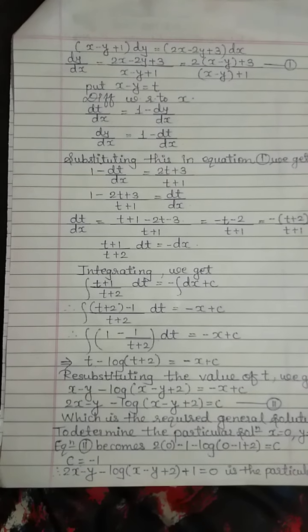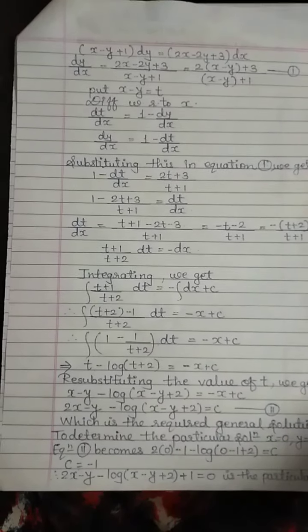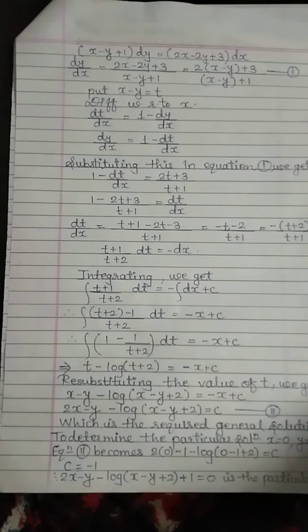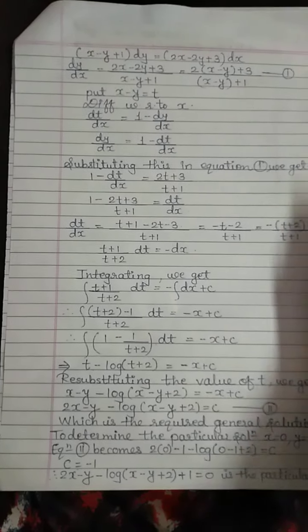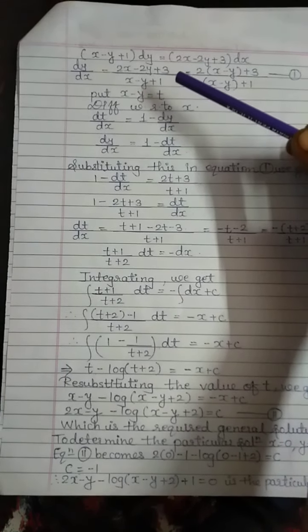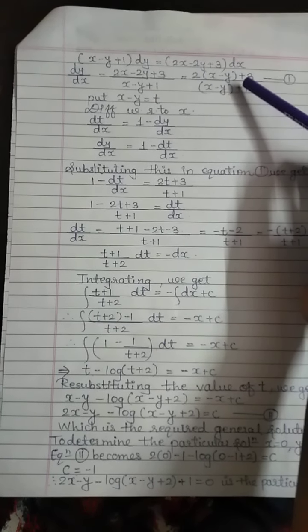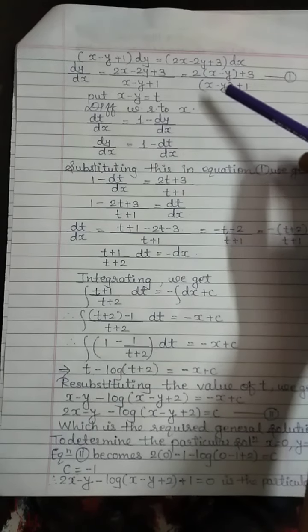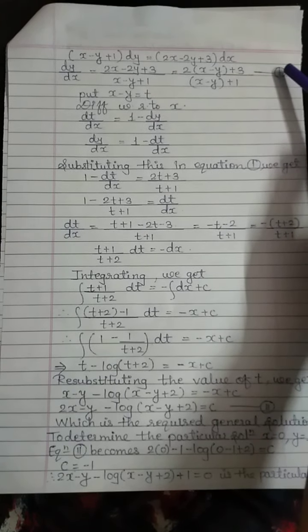Now dy by dx is equal to (2x minus 2y plus 3) upon (x minus y plus 1). Now if we take 2 common from first two terms of the numerator, then we will get 2 into (x minus y) plus 3 upon (x minus y plus 1). We call this as equation number 1.